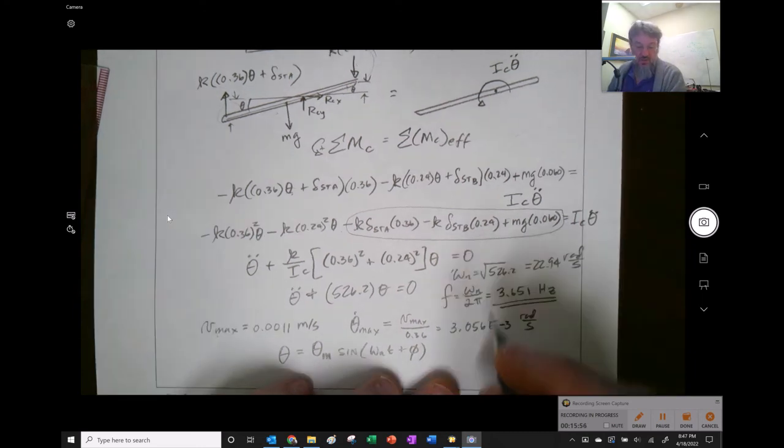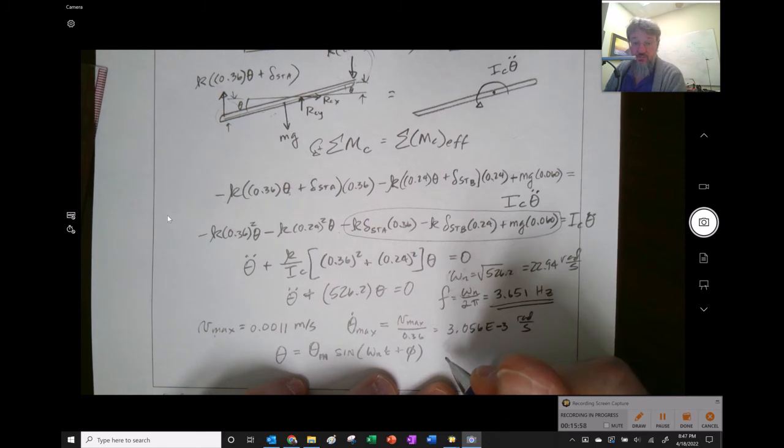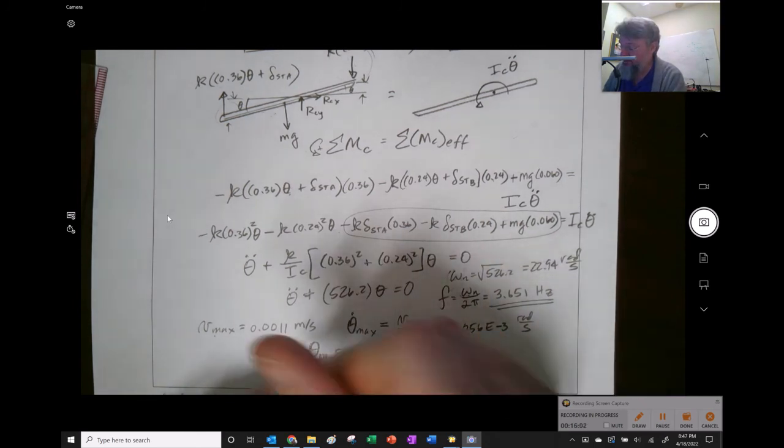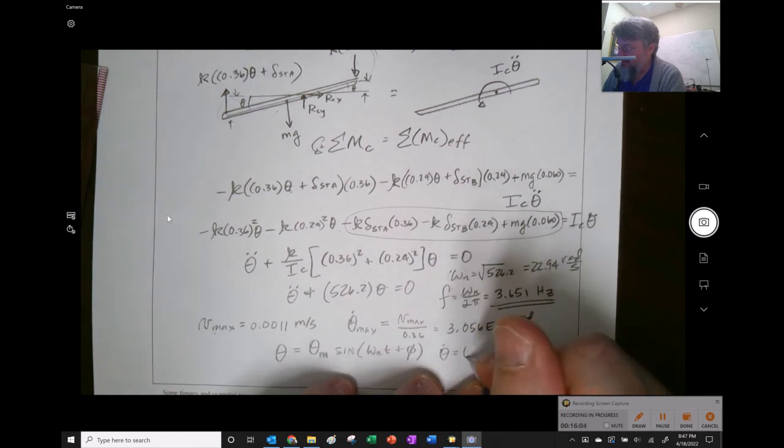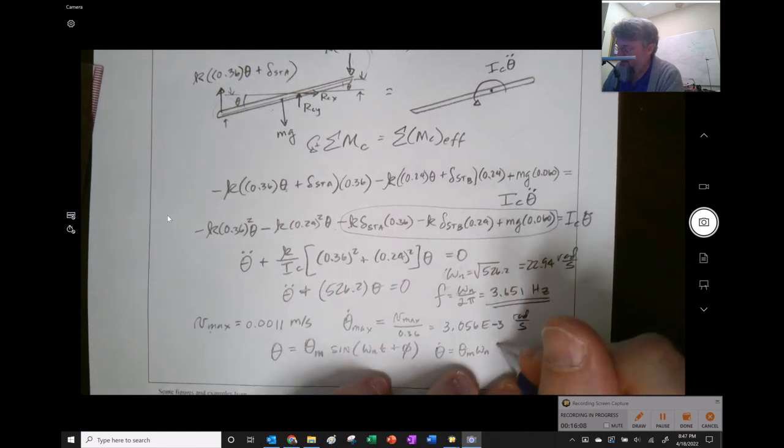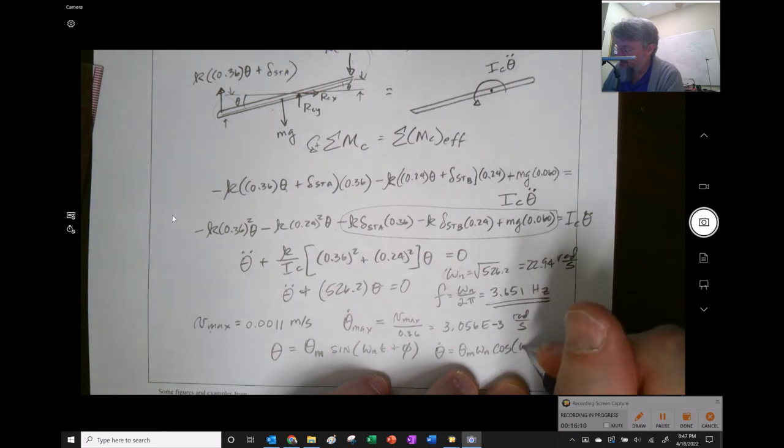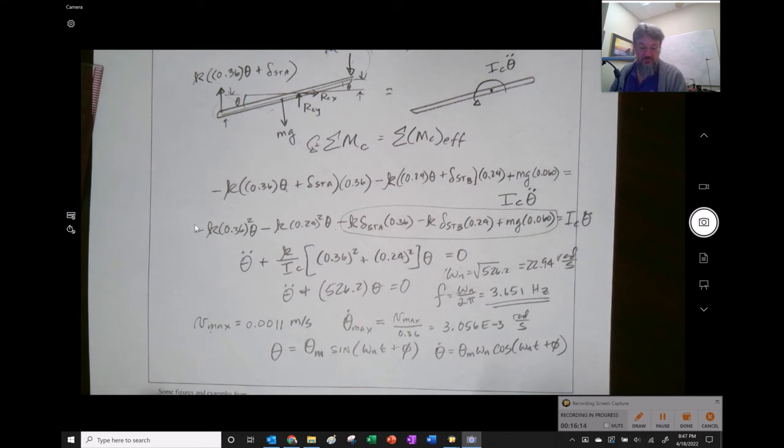So the time rate of change of this, if we're going to take the derivative of this thing, we'd have theta m omega n times the cosine of omega nt plus my phase angle, right in there.